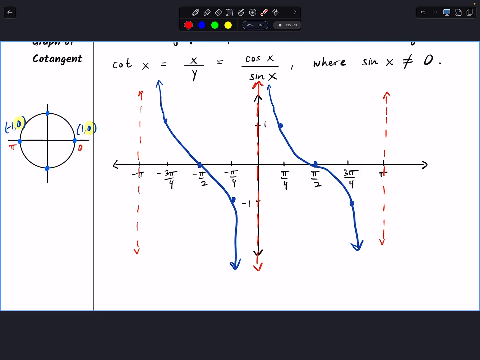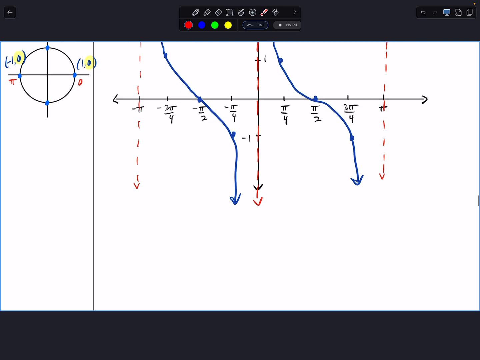All right. So what I want you guys to understand is we have asymptotes for y equals cotangent of x at x equals 0. Then do you guys see how we have an asymptote at negative pi and at positive pi?